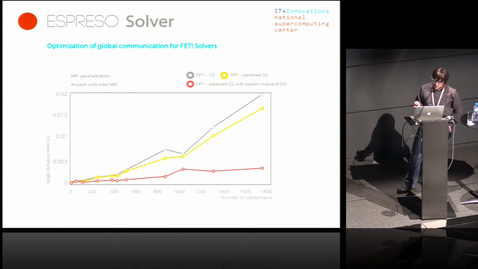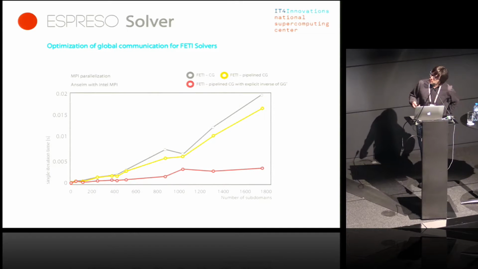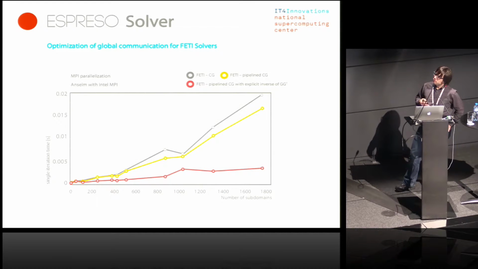The first difference is, if we start with the gray line, which is the FETI with the regular conjugate gradient, then the yellow line is the performance benefit we get by using the pipelined conjugate gradient, and the red line is the benefit that we get by using the parallel explicit inverse of the Coarse problem, which also, compared to the original implementation, reduces two global communications, which were gather and scatter, into a single MPI call, which is all gather.